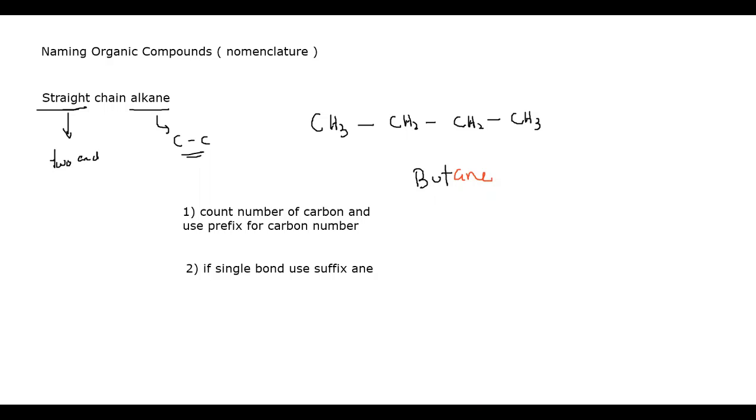Is it clear? So for a straight chain hydrocarbon, the rule is count the number of carbon atoms and use a prefix for carbon number. And then if single bond, use a suffix which is ane. So this is simply butane. But because of 4 carbon and ane because they have a single bond throughout the chain.